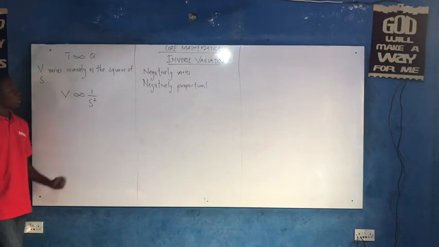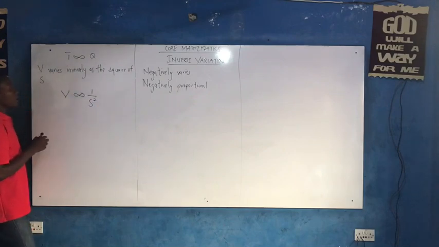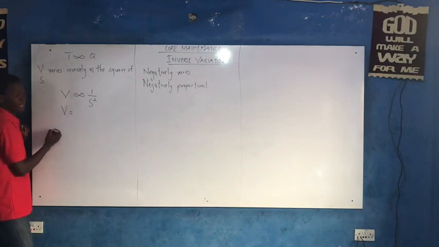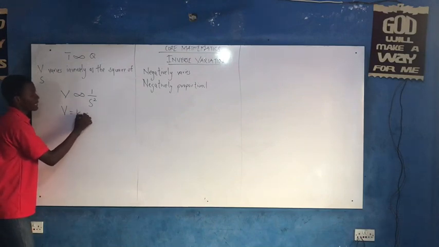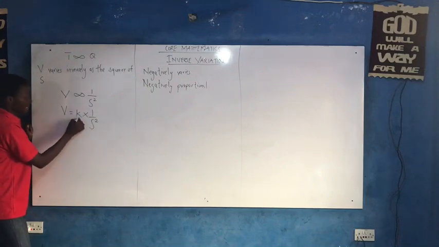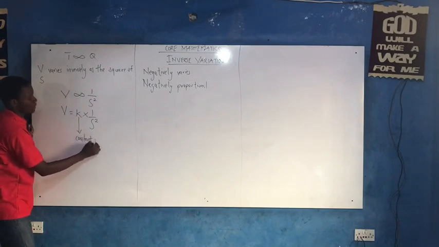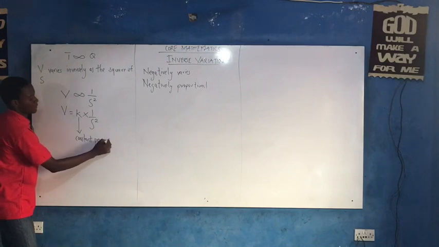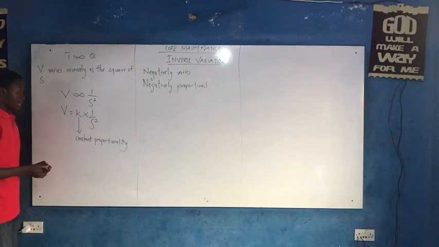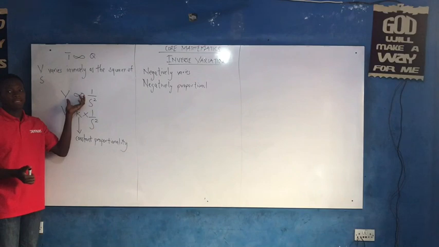From this statement, this has to come down to become V equals K times 1 over S squared. Then the K here is our constant of proportionality that came out of this variation symbol.